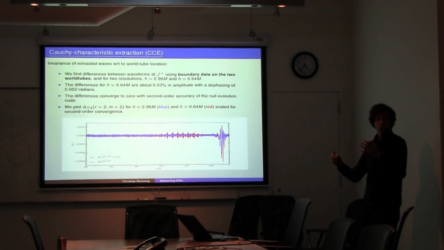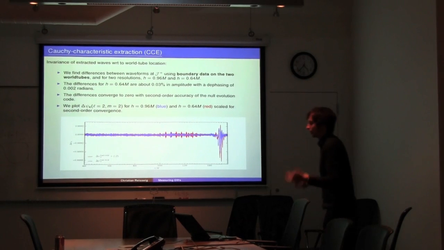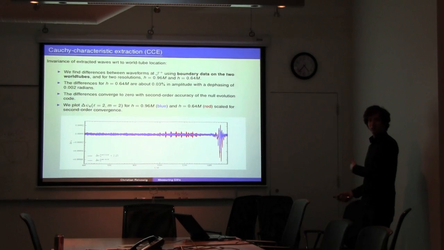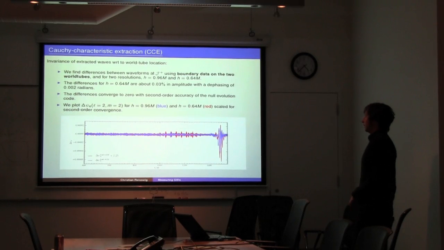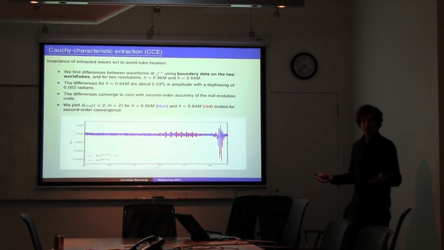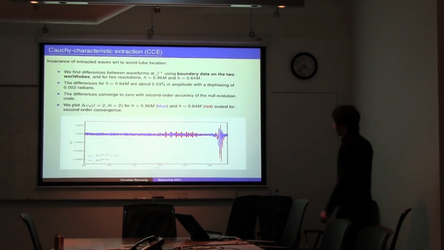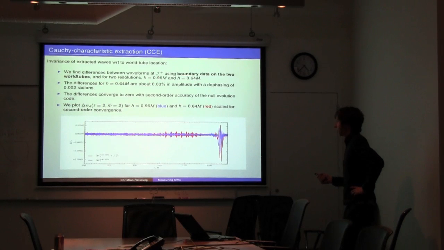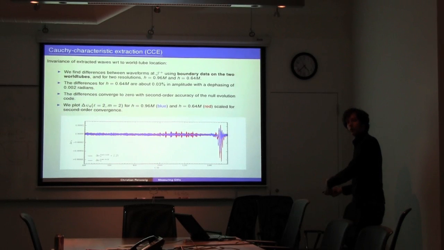You have one characteristic evolution for the r equals 100 metric data, and you have one evolution for the r equals 200 metric data. And in each of these two characteristic runs, you get out waves, of course. And ideally, the difference between these extracted waves should be 0. Of course, due to numerical error, that's never the case. So what we did is we performed a coarse resolution run on the Cauchy side and a fine resolution run on the Cauchy side.